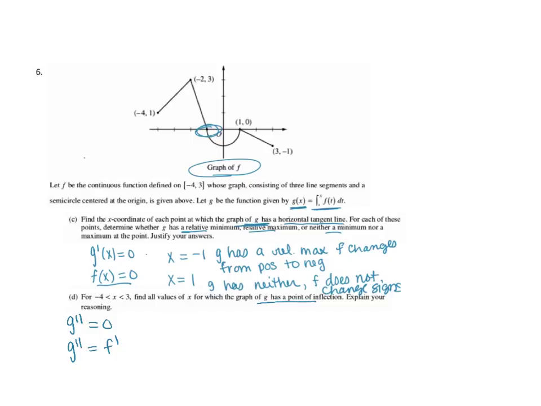And then here, again, if we're talking about that point of inflection, we also have to have a sign change. So we can think of this as F prime is going to be the slopes of the graph. So slopes are changing. But we can also even go even farther back.